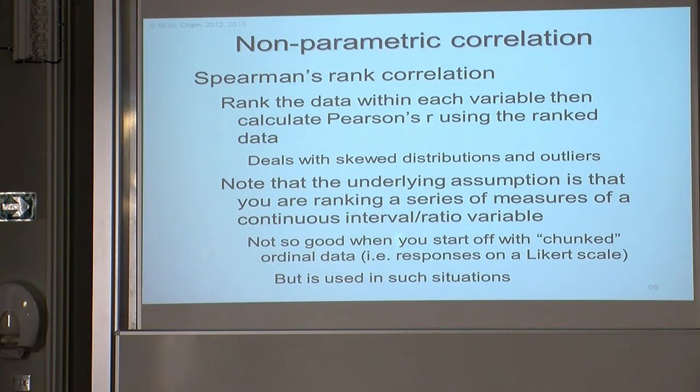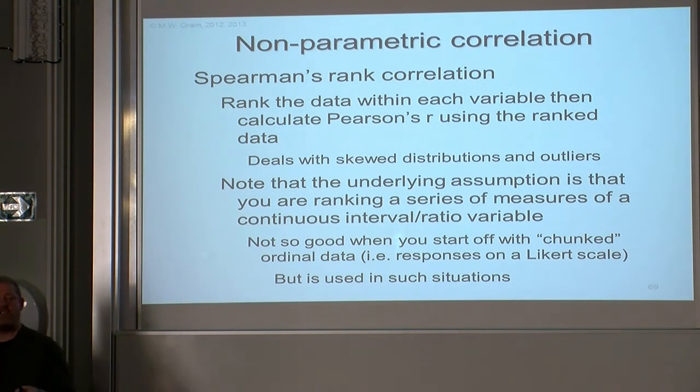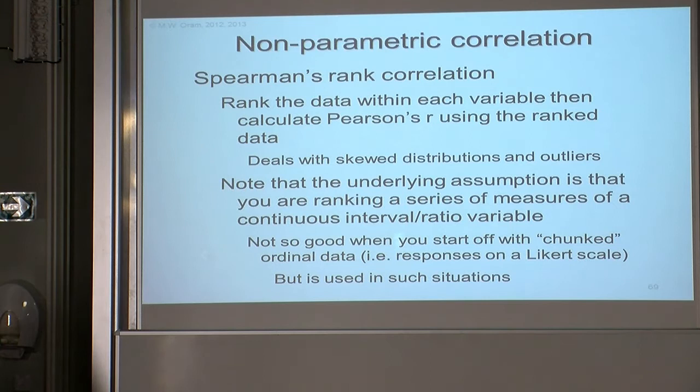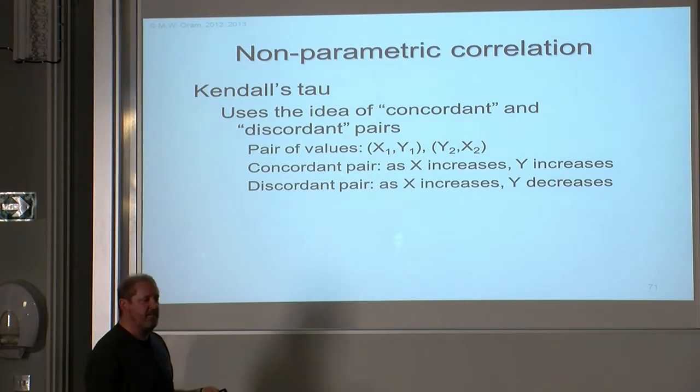Because the underlying assumption is that you're ranking a series of measures on a continuous scale, and it's really not very good if you start off with chunked data. By chunking, I mean that you force participants to make a very limited number of responses, so the typical things that you see on questionnaires like Likert scales. Unfortunately, Spearman's is often used in those situations, but it's not really appropriate. Kendall's tau is a much better idea.